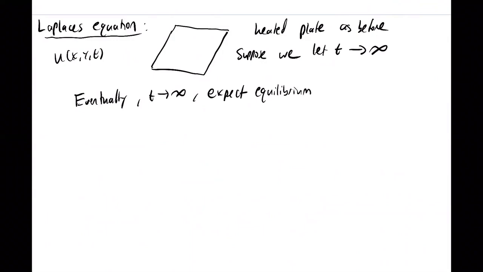We expect that at a certain point, there's going to be some uniform distribution of the heat, and it's not going to be spreading out much more. By equilibrium, I mean that eventually the distribution of the heat won't change with time.